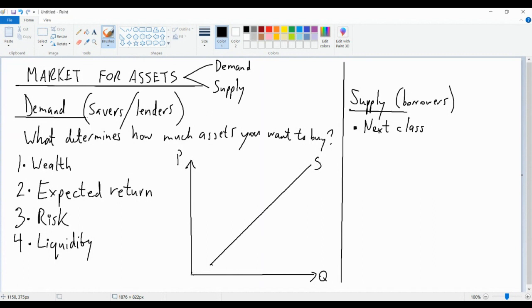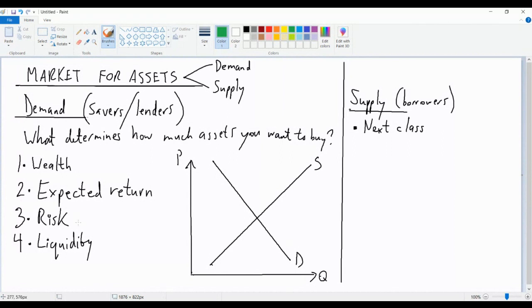That's whatever the incentives of borrowers are in this market. And let's draw a demand curve, which of course slopes down because you'd buy less of something if it's more expensive. Now, suppose that this asset has some expected return. The people buying in this market have some wealth. The asset has a certain amount of risk associated with it and a certain liquidity.